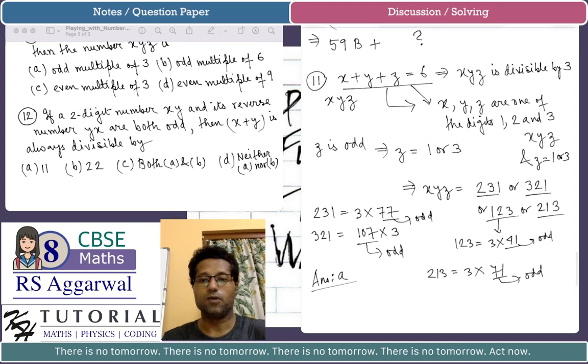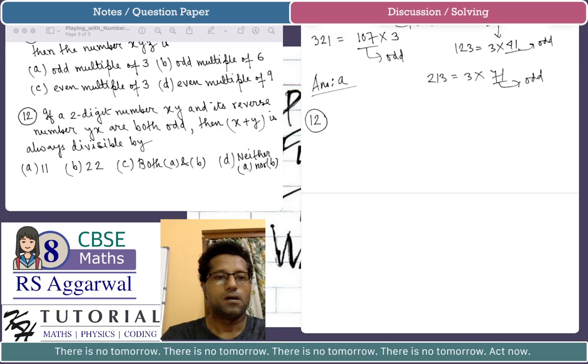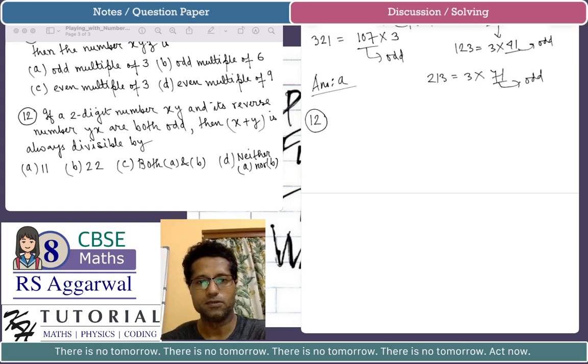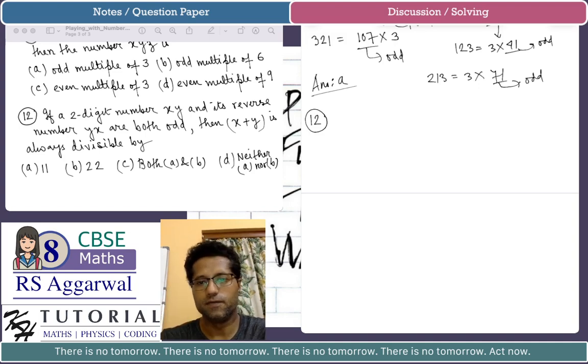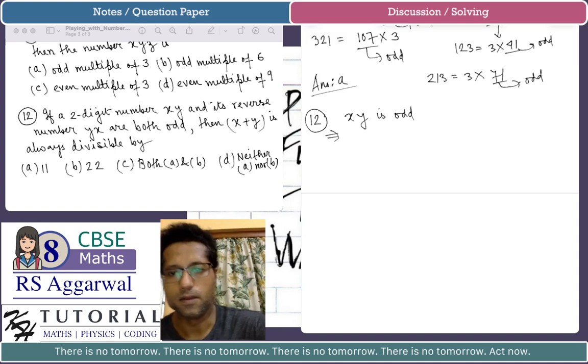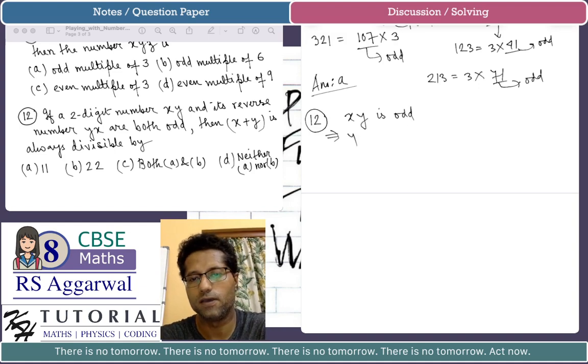Let's see problem number 12. If a two-digit number xy and its reverse number yx are both odd, then x plus y is always divisible by, okay. It is given that xy is odd. Now if a number is odd, it means that the digit at the units place is odd. This implies y is odd.